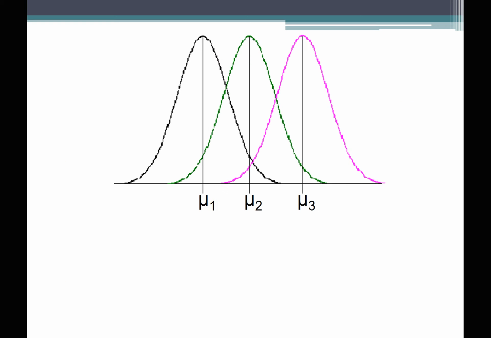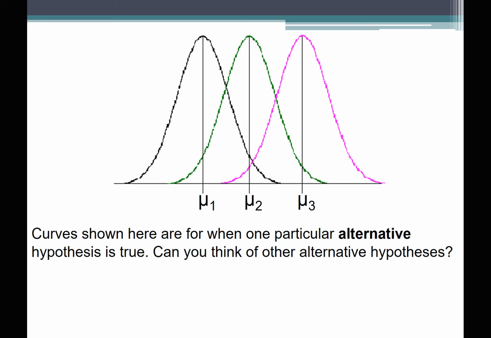So here we see three different population distributions. There's the one in black, green, and pinkish purple. Right? So we have mean number 1, number 2, and number 3. These curves show one particular kind of scenario where the alternative hypothesis is true, the alternative hypothesis being that the means are not the same. There are, of course, other alternative hypotheses.